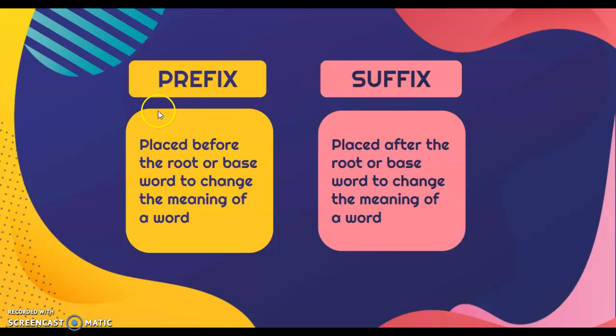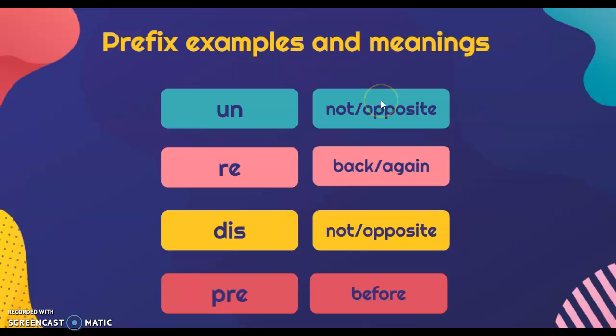So a prefix is placed before the root or base word to change the meaning of the word. A suffix is placed after the root or base word to change the meaning of a word. So prefix is before and suffix is after.